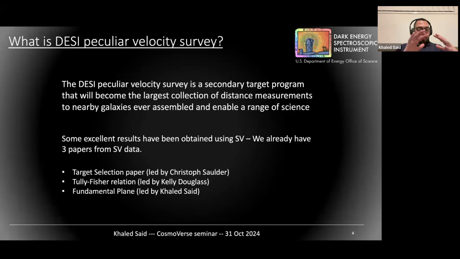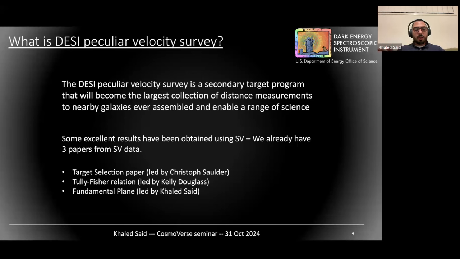Okay, so now we know how this works. What is actually the DESI peculiar velocity survey? I'm sure most of you know what DESI is: a cosmological survey with an amazing instrument that will do many things. But peculiar velocity wasn't actually a part of DESI when DESI started.